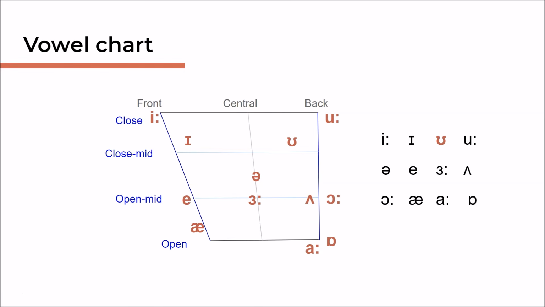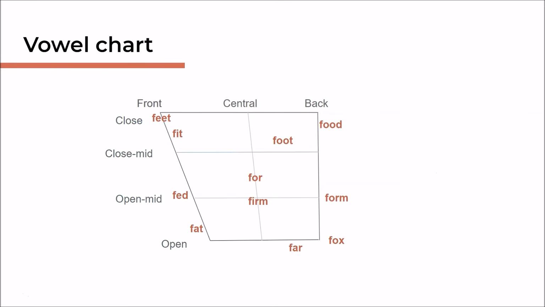So let's have a look again at E and I. So here we have feet and fit, fed and fat. So I'm going to repeat the vertical axis from the top to the bottom, from front to open. Feet, fit, fed, fat.